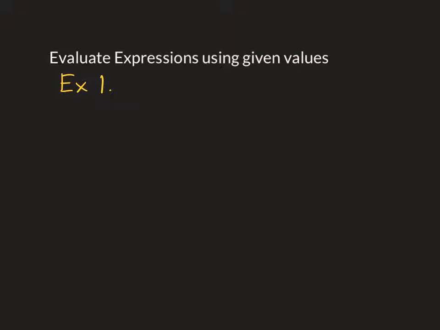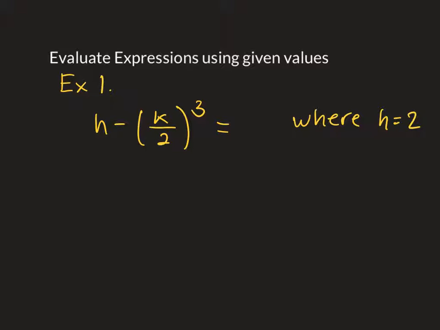Okay, so (h minus k) over 2, to the third power, is equal to some number where h equals 2 and k equals 3.